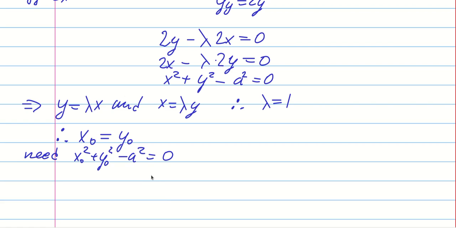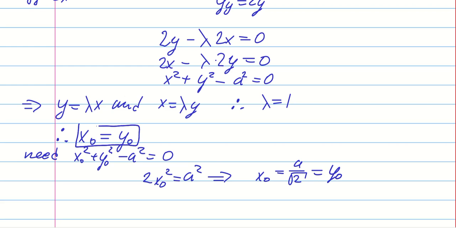So that means that 2 x sub 0 squared is equal to a squared, which implies that x sub 0 is equal to a divided by the square root of 2. But it also has to be y sub 0 because of this. So we figured it out. That's our solution.